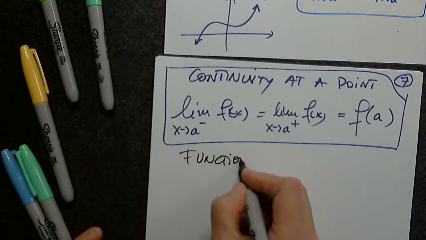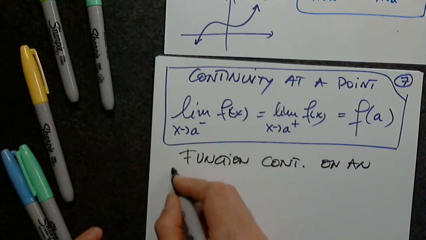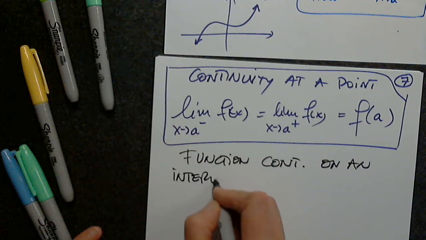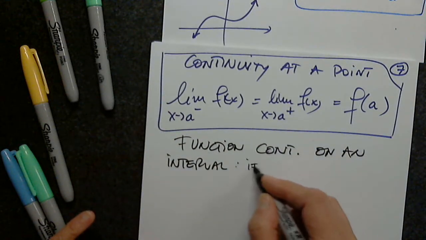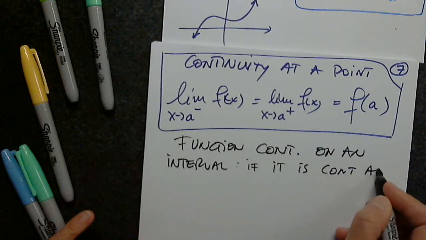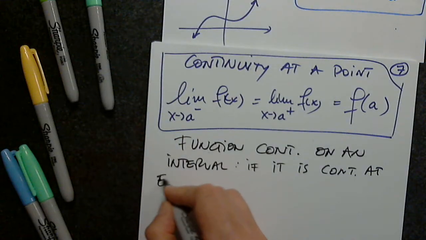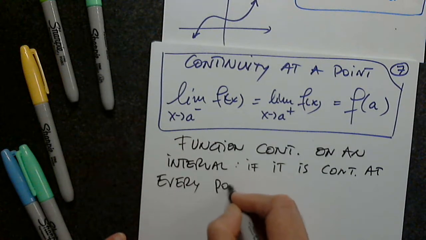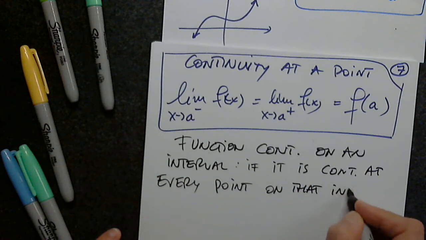A function is continuous on an interval if it is continuous at, when is a function continuous on an interval? At every point on that interval.